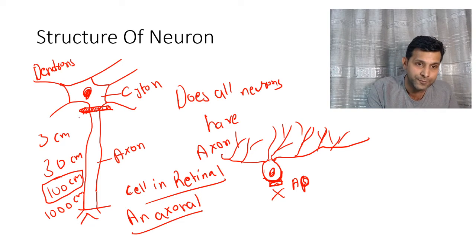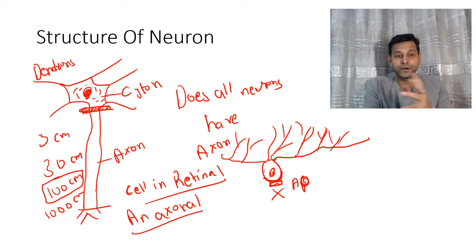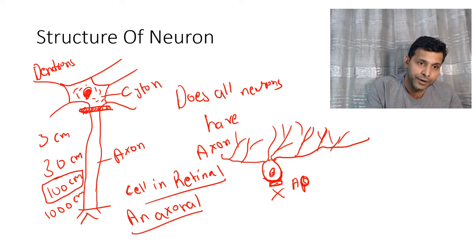Now we are moving to the next point. Remember, the cytosol comprises of all the endoplasmic reticulum and Golgi apparatus, where the synthesis of neurotransmitters occur. The point where axon starts is called as axon hillock.